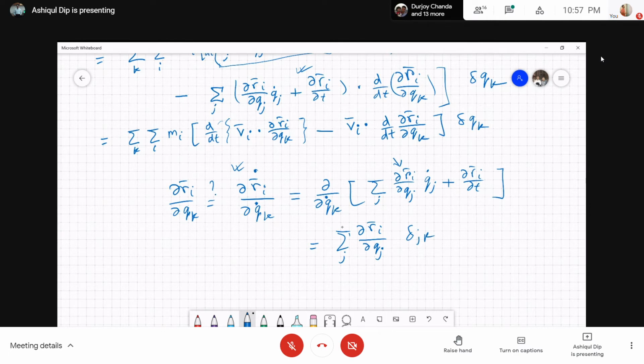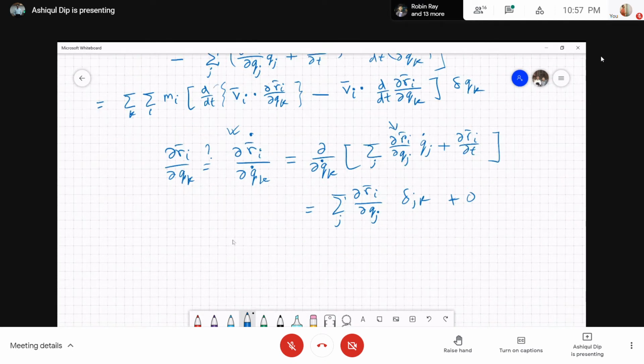Applying this sum, actually, let's do that later. For the rest, you have the derivative with respect to t of this thing, and that part is zero, because it is purely a function of coordinates.